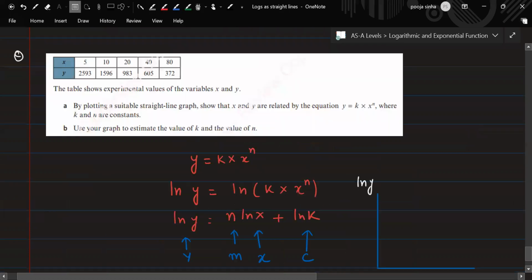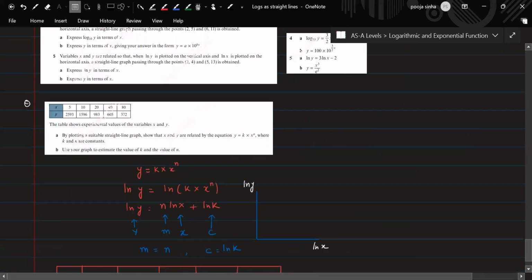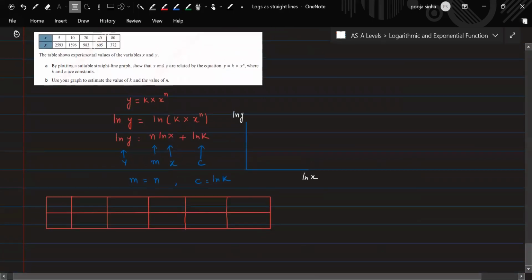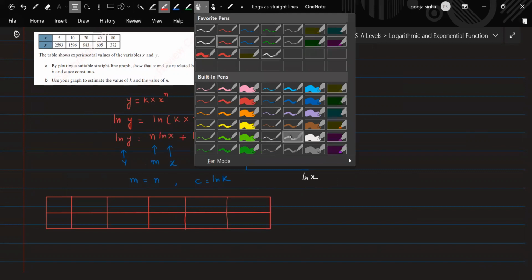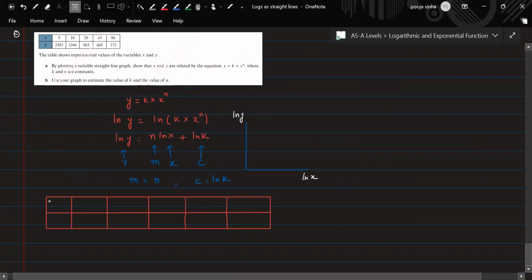Now Aditi, what all do we know here? I know the x value. Now just carefully look at it. Are you getting it till now, whatever we are doing? Now I need ln x and ln y, correct? When x is 5, what will be the ln x? ln is e base e.